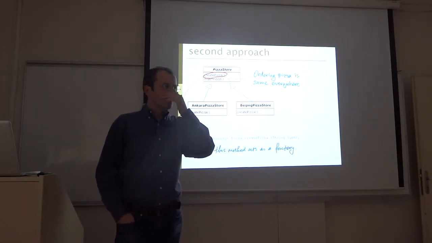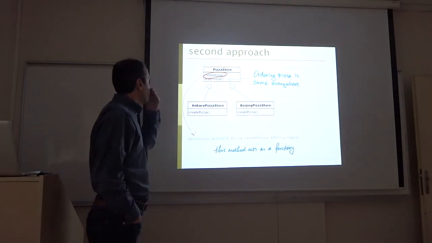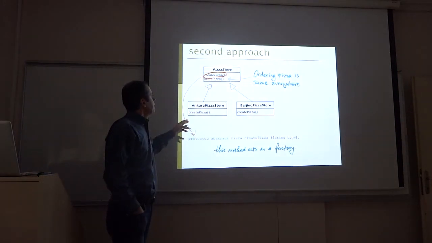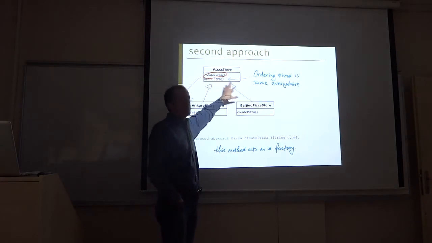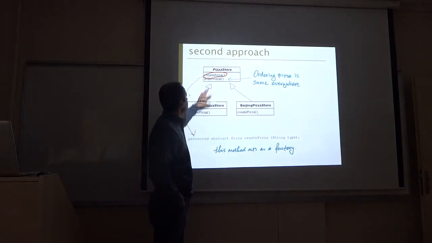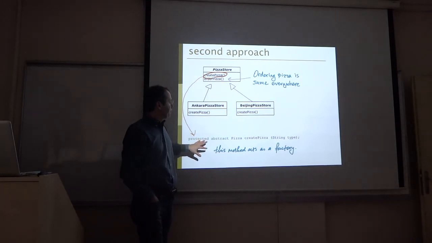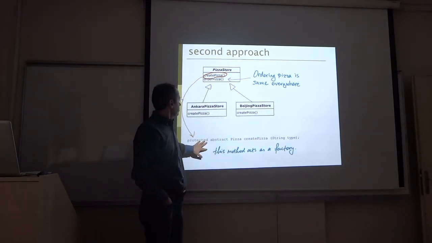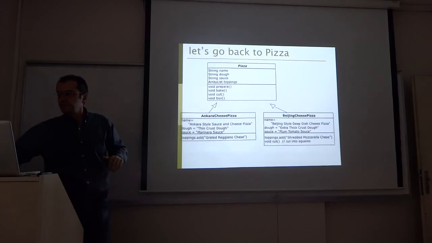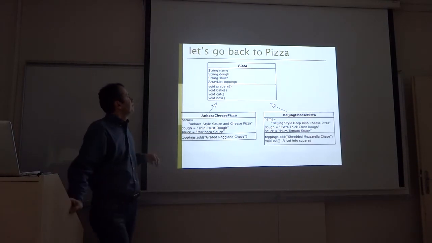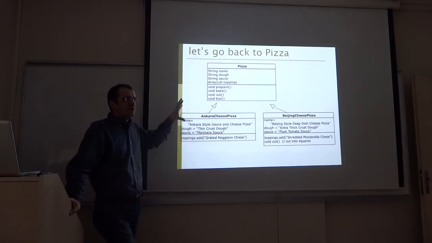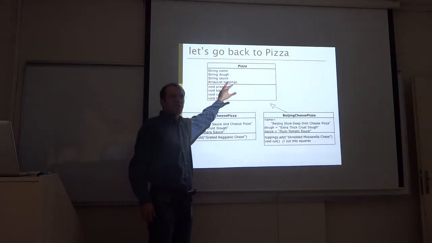So I need some generalization. Here's what I'm doing. Ordering the pizza is the same everywhere, but what is changing is creation of the pizza. So let's move on. I go a little bit down into the pizza itself.